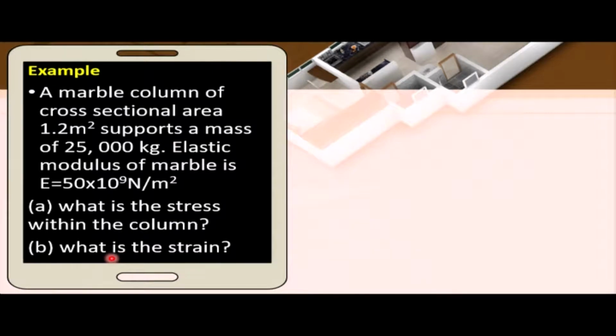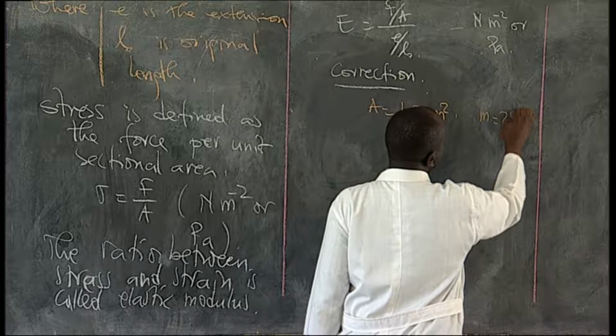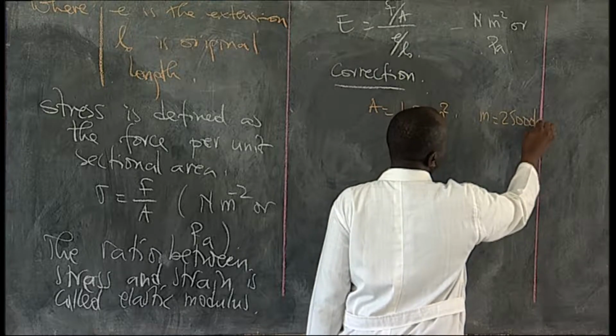Now, my dear students, I think that we can correct the question. But first of all, I want you to identify the data. What do we have? Number one, we have the area. The area is 1.2 meters squared. Another thing we have is the mass, 25,000 kilograms.